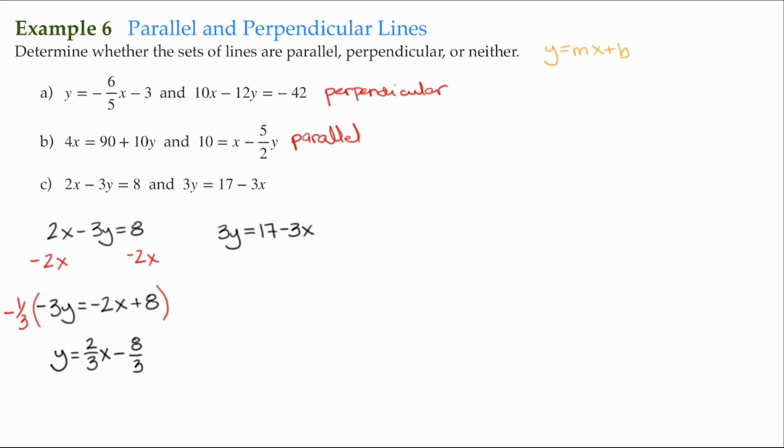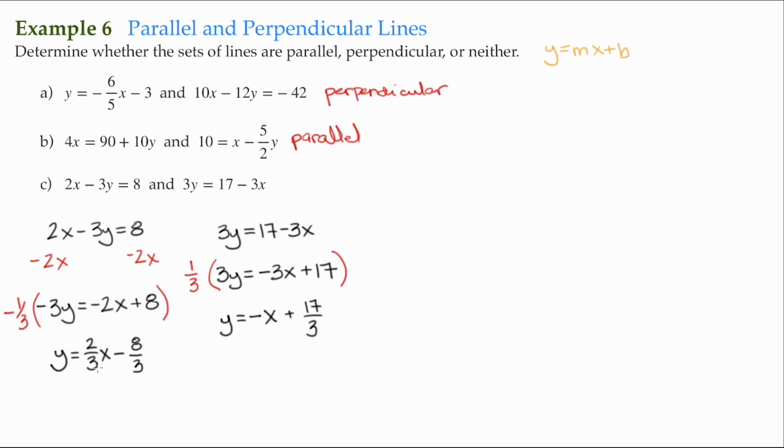For this side here, I'm just going to rewrite this as 3y is equal to negative 3x plus 17. I'm just going to flip-flop those terms. And again, either multiply both sides or the entire thing by 1/3. 1/3 times 3y, that leaves us with y. 1/3 times negative 3x, that leaves us with negative x. And 1/3 times 17, that is 17/3.